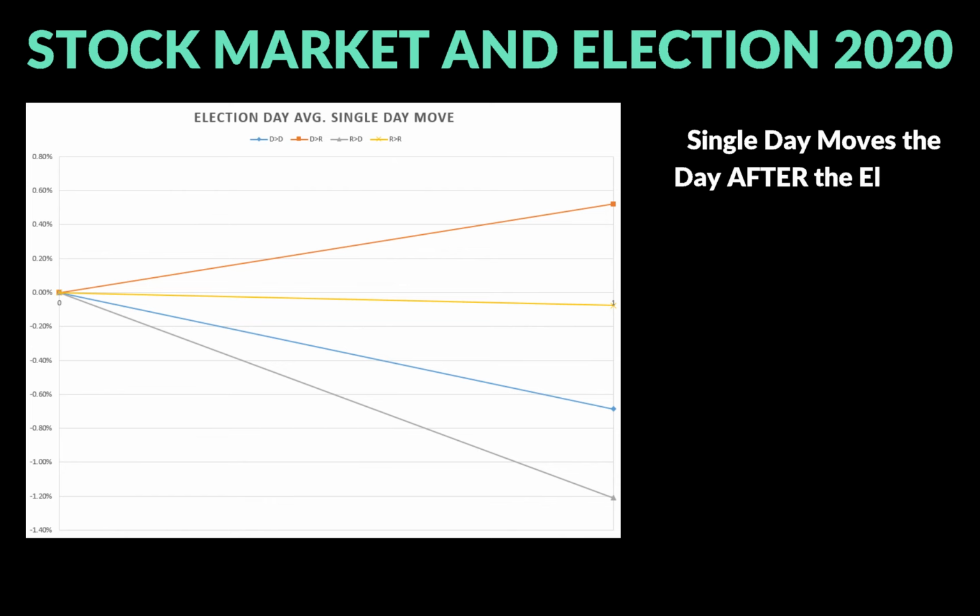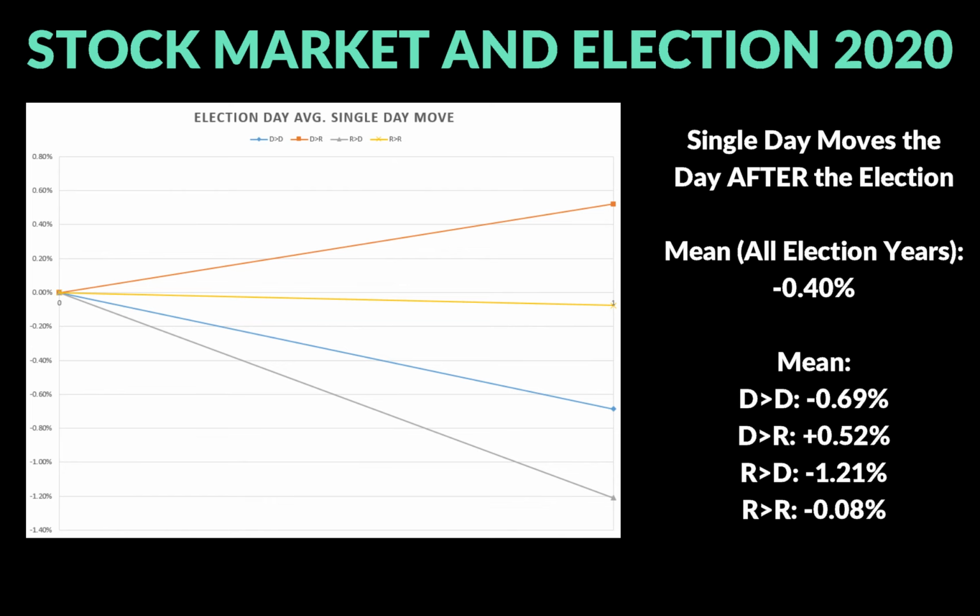So I thought it'd be interesting to look at what type of volatility there's been historically just from the single day move, given the election result. In general, the election tends to be, I guess you could call it, a sell the news type event. It was on average a drop in the market.